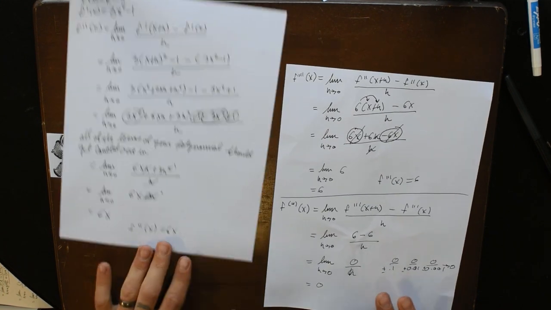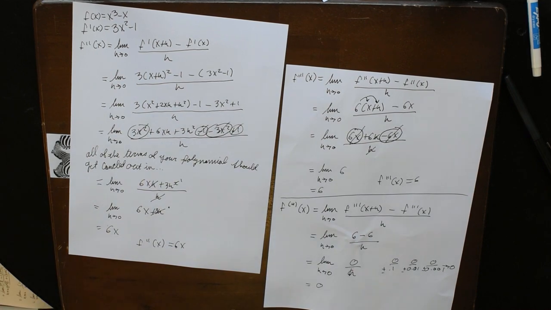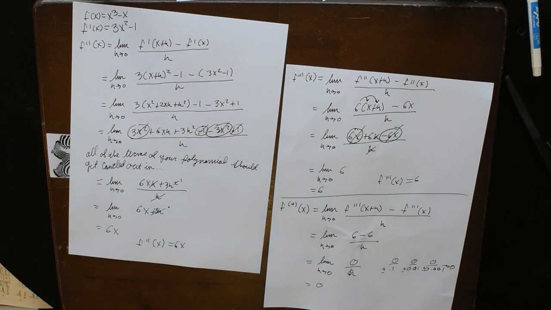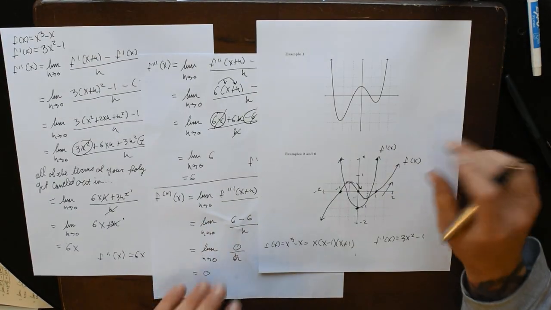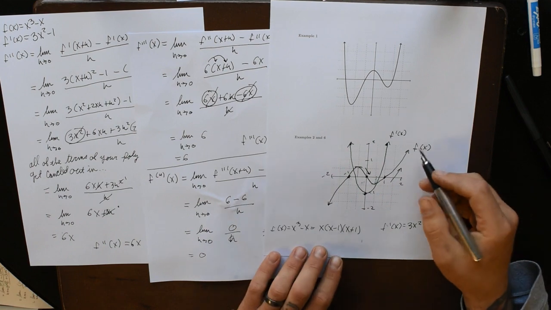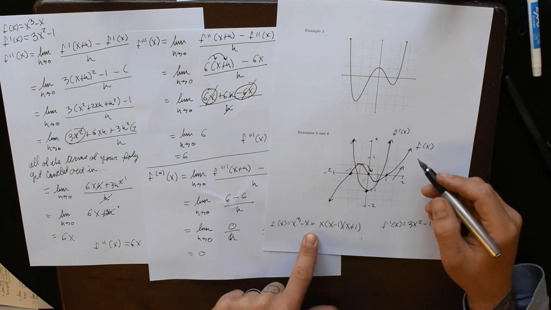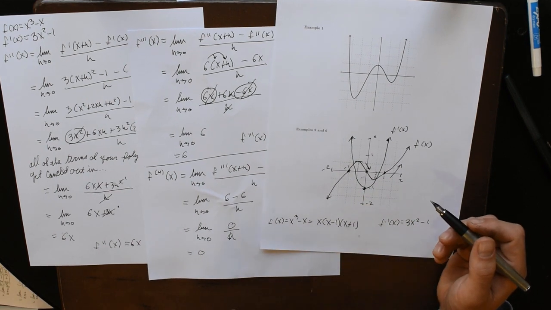So, let me scramble for a good piece of paper there, and then this graph. Earlier, this is the graph of f of x, that x cubed minus x we've been dealing with all lecture. And then we've got f prime of x being equal to 3x squared minus 1.